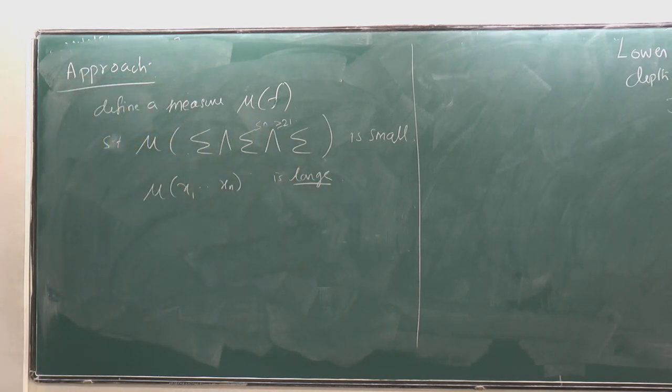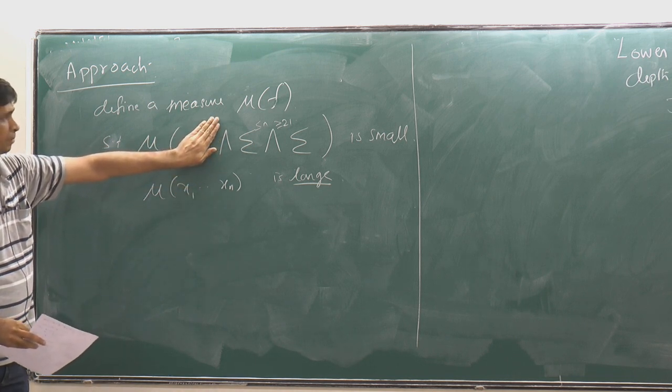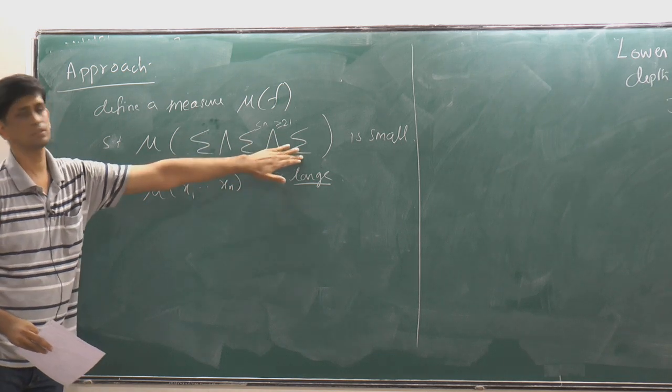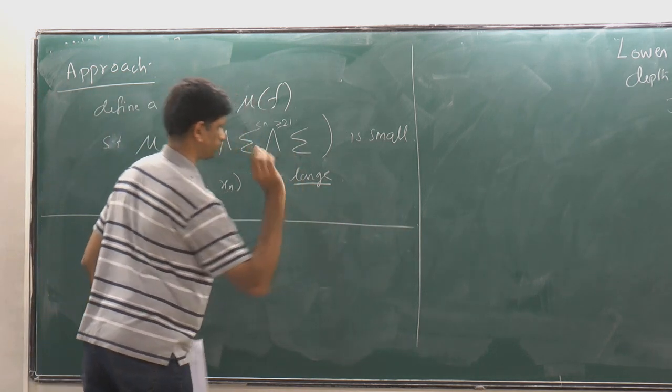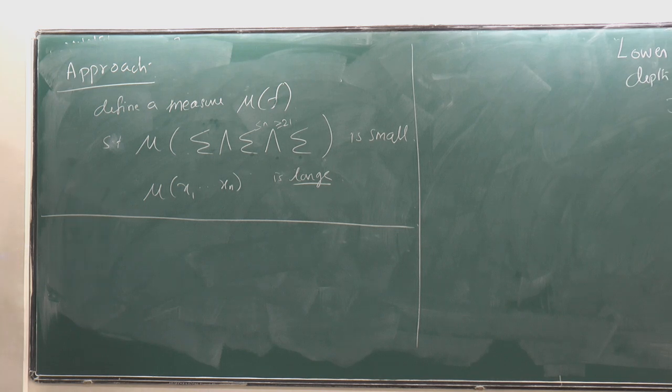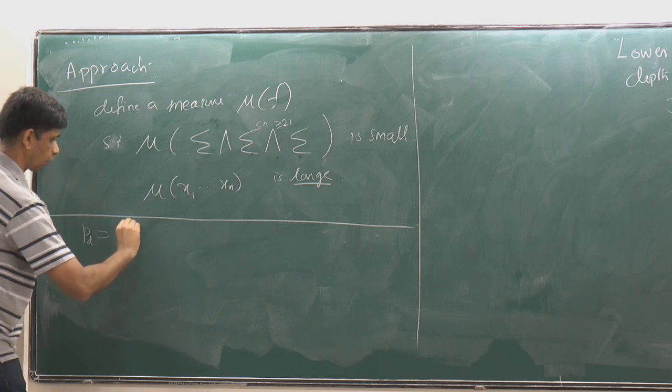In addition, if the measure is subadditive, then it's enough to bound the measure for power sigma polynomials. So I'll motivate the measure first, before defining the measure. So let's look at the power symmetric polynomial of degree d.